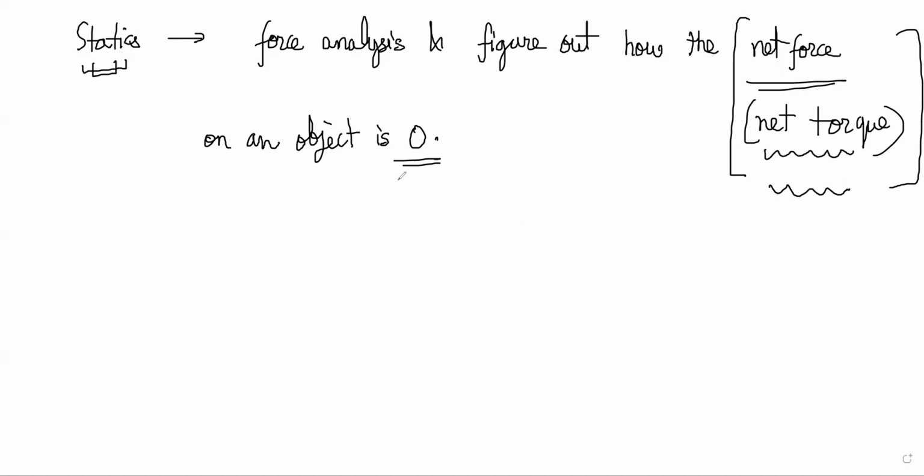Now, before we do any analysis of static situations, you need to be familiar with all the types of forces that you might encounter. So we will do a quick summary of the different types of forces that you might see. The first kind of force that you might encounter is known as tension. So what is this tension force?